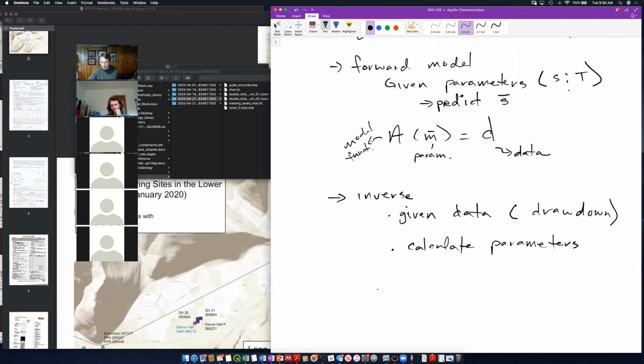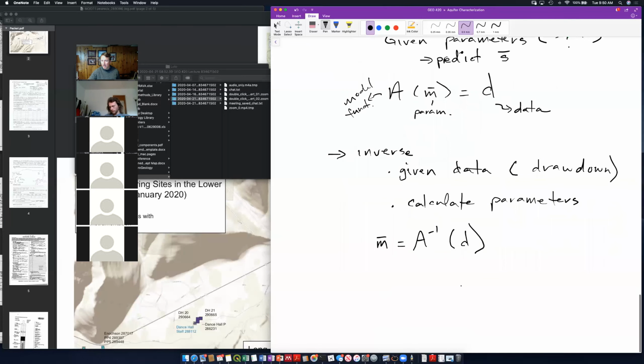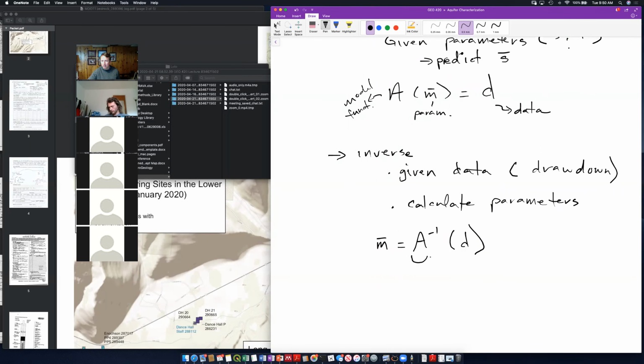So in math, this gets written like this. My model parameters, m, equal A inverse d, where A inverse now is my inverse model. It takes my data and maps me back to the parameters that I need to produce that data.